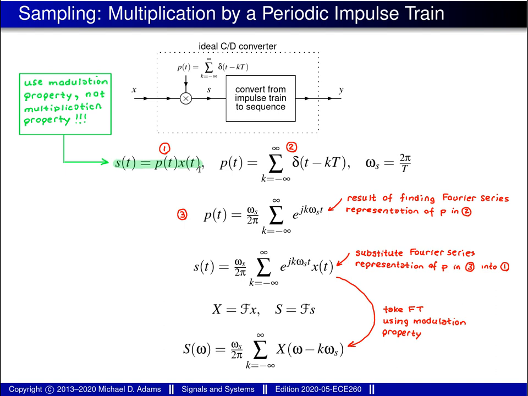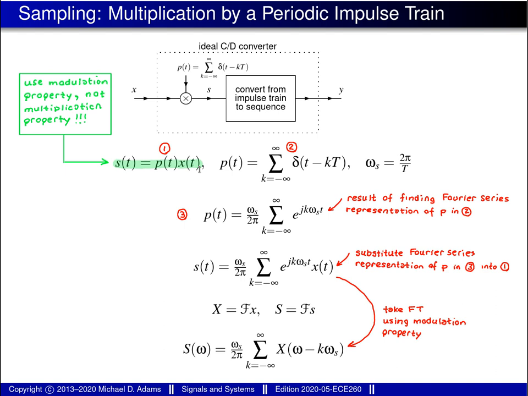One way would be to use the multiplication property of the Fourier transform. This, however, is not a very desirable approach, as using the multiplication property of the Fourier transform will drag convolution into our work. A better way would be to proceed as follows. First, we observe that we are not multiplying two completely arbitrary functions in the given equation. Although the function little x is arbitrary, the function little p is not.